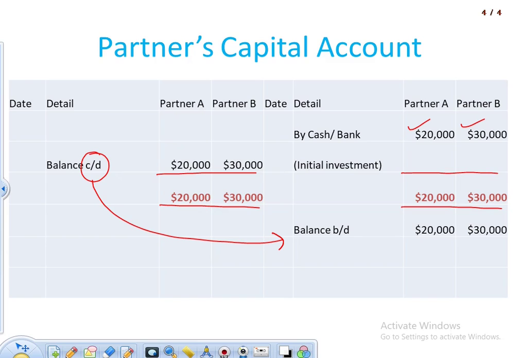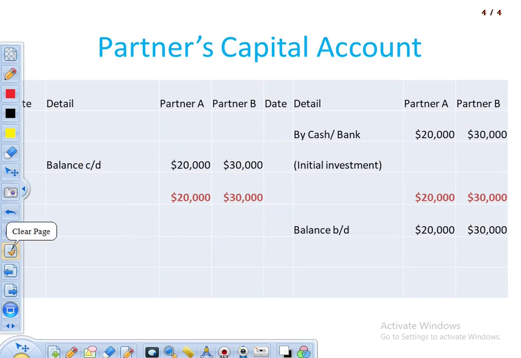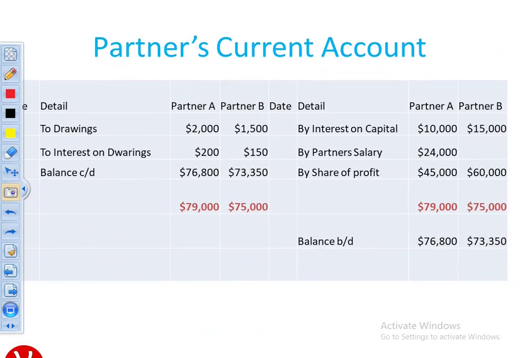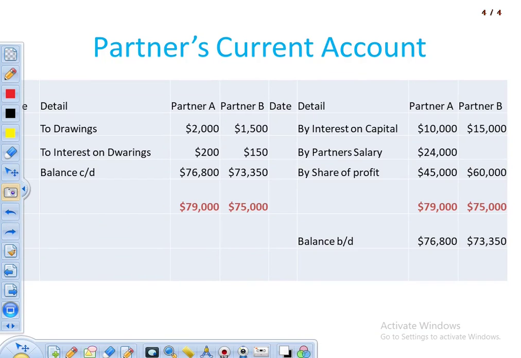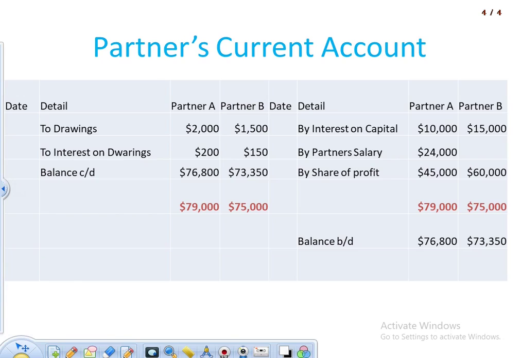Now, all the adjustments related to the appropriation account will be shown in the partners' current account. Here, we know that the partners withdrew 2,000 and 15,000, and as per our agreement, interest on drawings is 10%, which is 200 and 1,500.